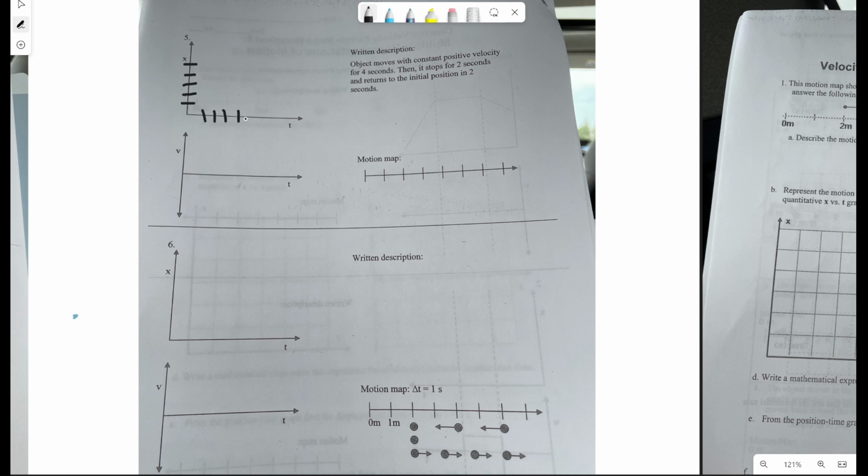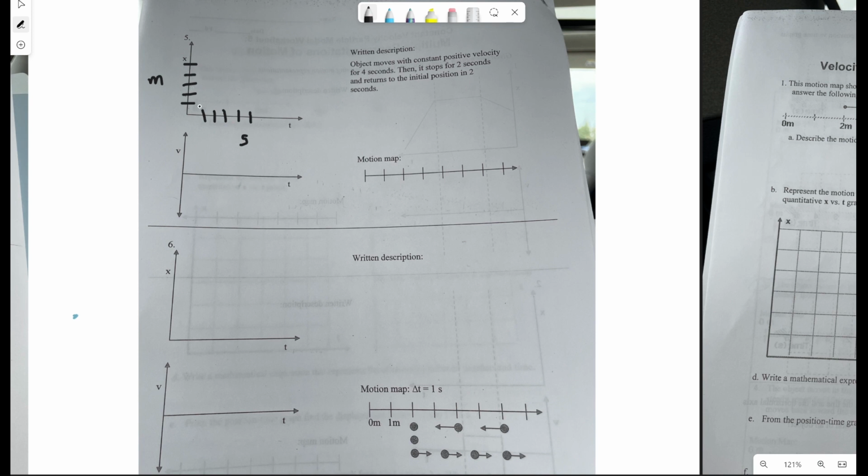Again, I always like to put my lines in, and I would also write your numbers in here too, but because my pen is so thick, I'm not going to write the numbers in. So if it's moving at a positive velocity for 4 seconds, then this is meters, this is seconds.